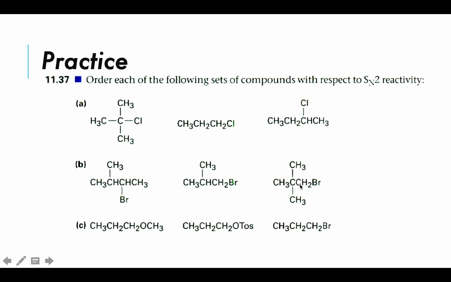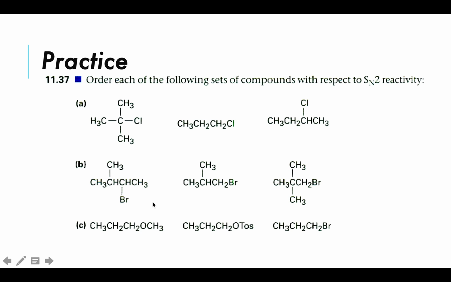This position where the bromide is has some sort of a tert-butyl attached to it. So these 2 primaries are the best, but this primary has a bulky group attached to it. This primary has a less bulky group attached to it. So this should be the most reactive, followed by this, followed by this.